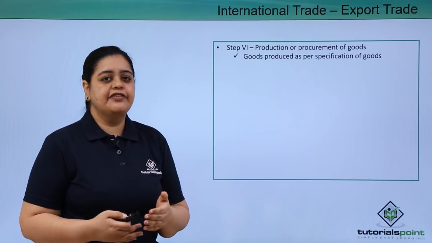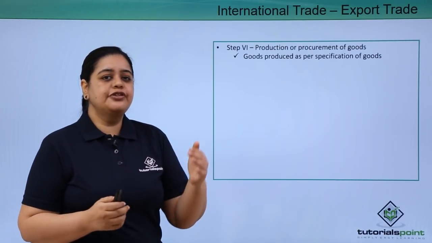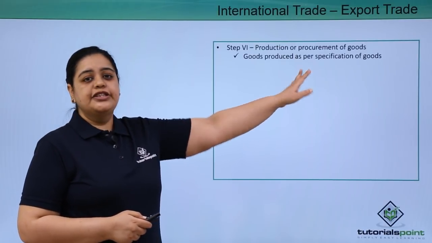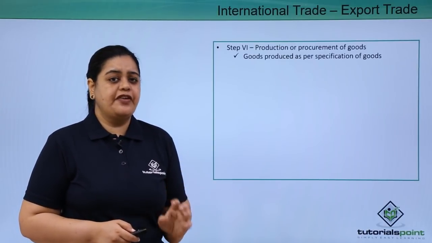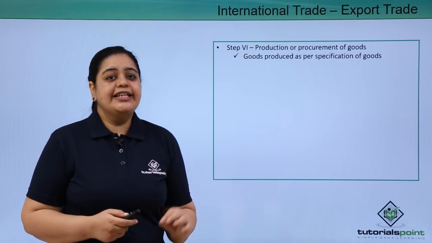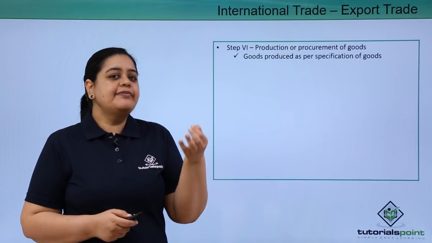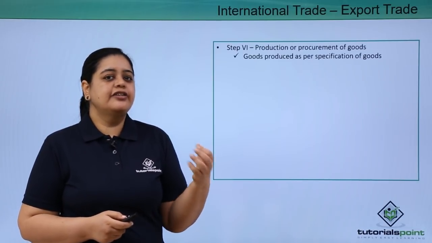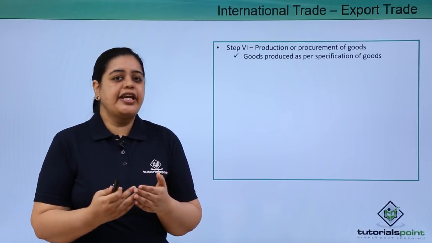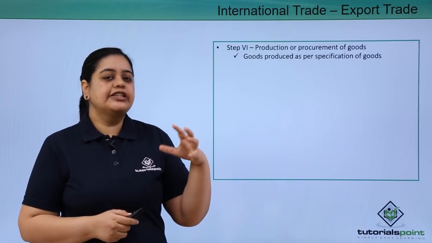Now you have done the basic formalities. So the next step is to ensure that you start producing the goods so that you can deliver to the importer on time. The goods have to be produced as per the specification. Remember, in international trade, the quality is checked thoroughly. Even if there is a minute mistake in the goods you have produced, let's say when you are exporting saris, a traditional Indian wear, but the importer has asked for a certain print.